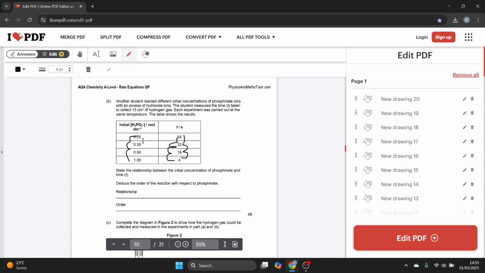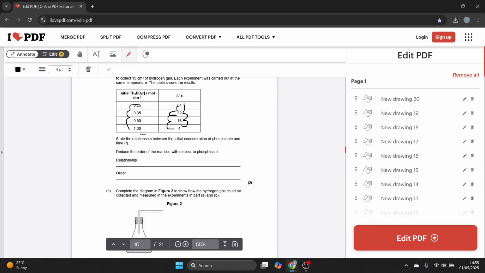So the relationship, the order, that's not going to be a problem. Let's have a look. If concentration doubles, what happens to time? Time is quartered, from 64 to 16.